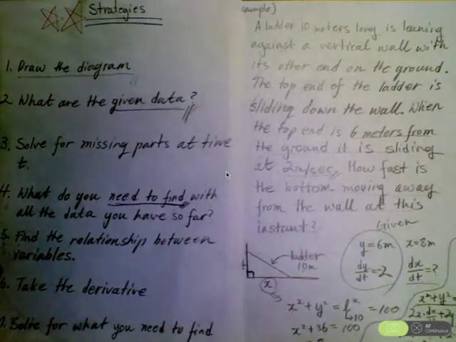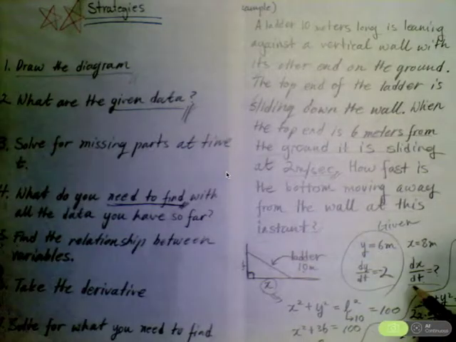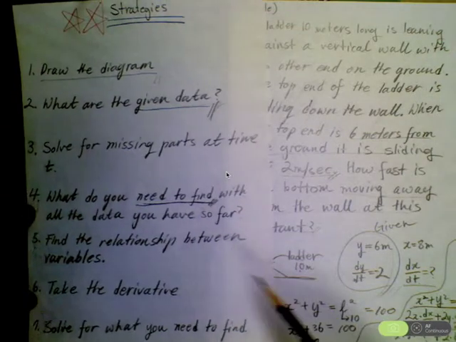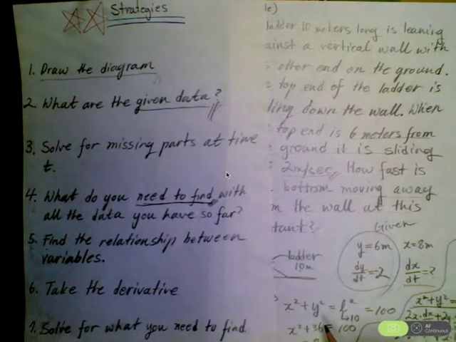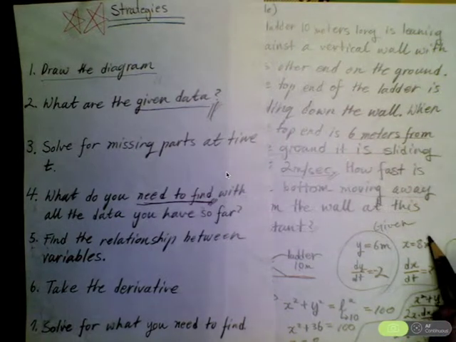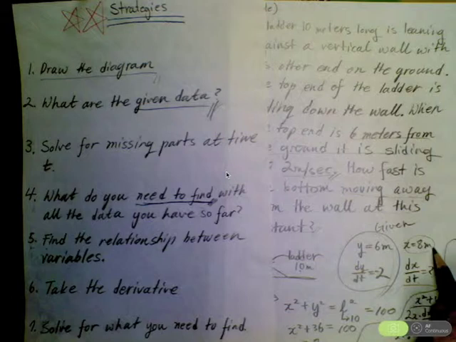And the second step was, what are the given data? We found the given data over here. And third step was solve for missing parts at time t. And we did that by using this equation, x squared plus y squared equals 100, and found the indirectly given data, which is x equals 8 meters.